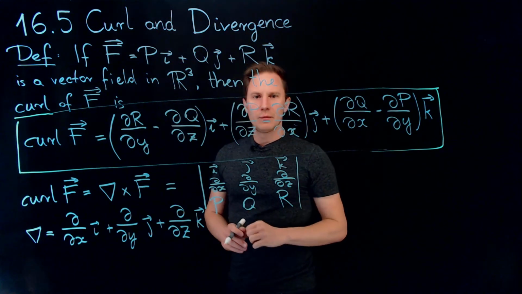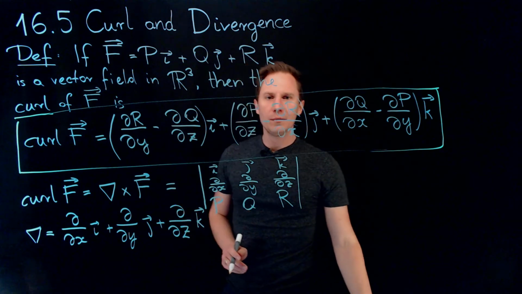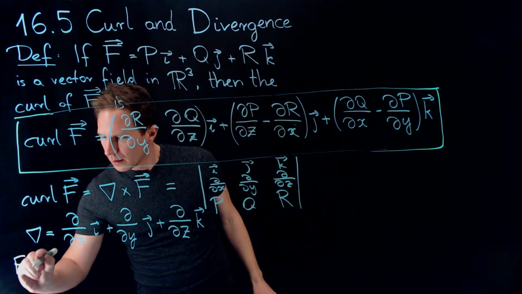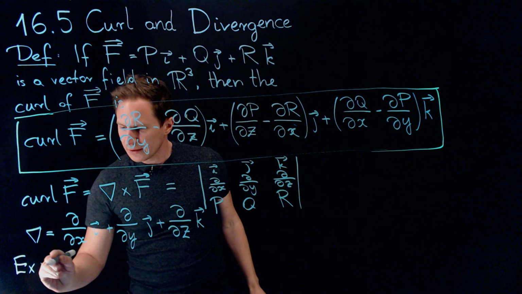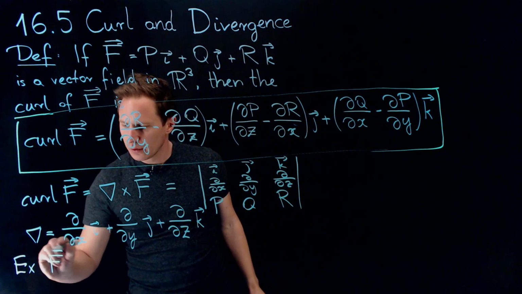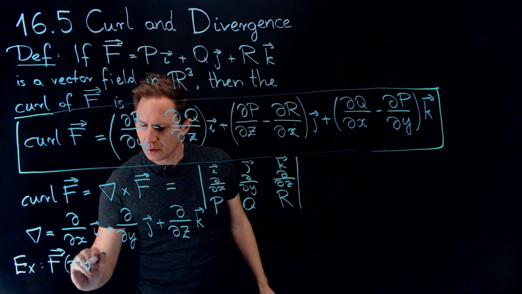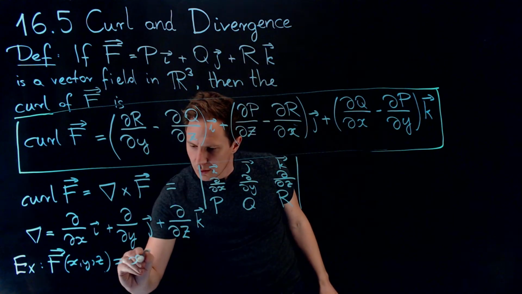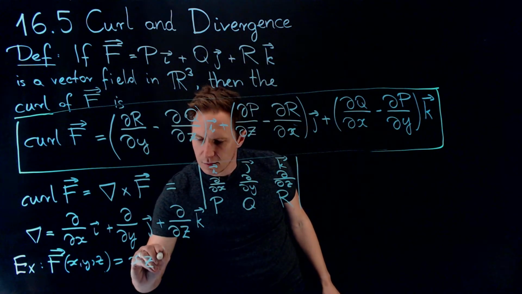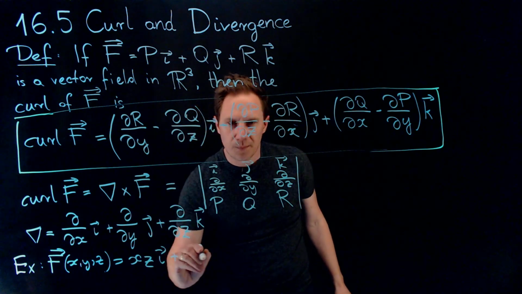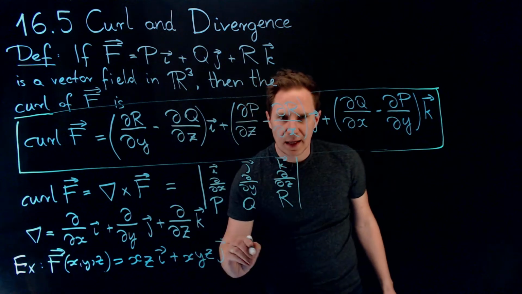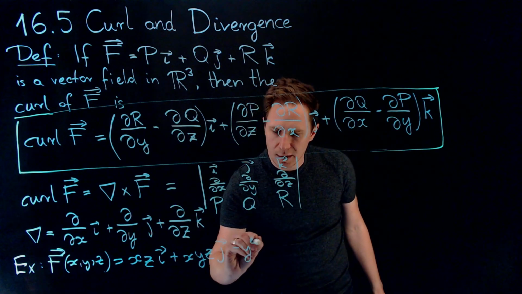Let's start with an example. Take the following vector field F, depending on x, y, and z, with components xz, xyz, and minus y squared.